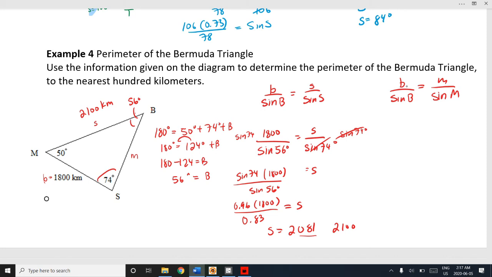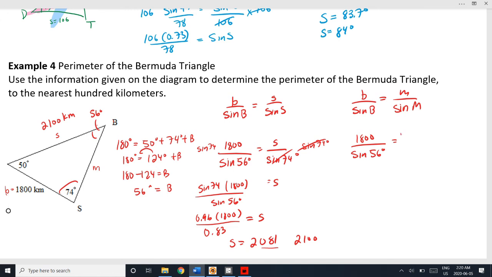So we know side B is 1800, sine of B, sine of 56 degrees, is equal to M over sine angle M, which we can see is 50 degrees. Okay, so we could rearrange this if we multiply sine 50 on both sides.